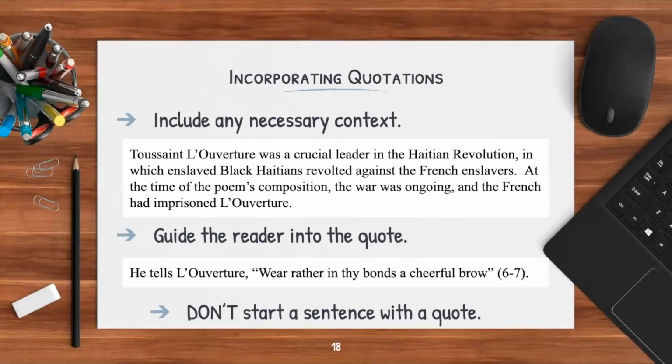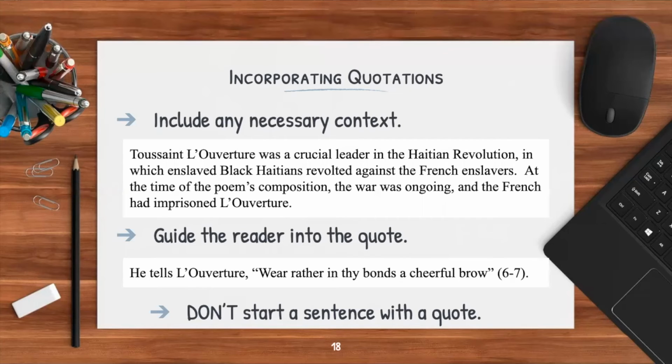At the time of the poem's composition, the war was ongoing and the French had imprisoned Louverture. Someone might not know who that is, and that's important context to be able to understand the quote. So that's good and important information to include, and before you get into the quote would be the best place for that.